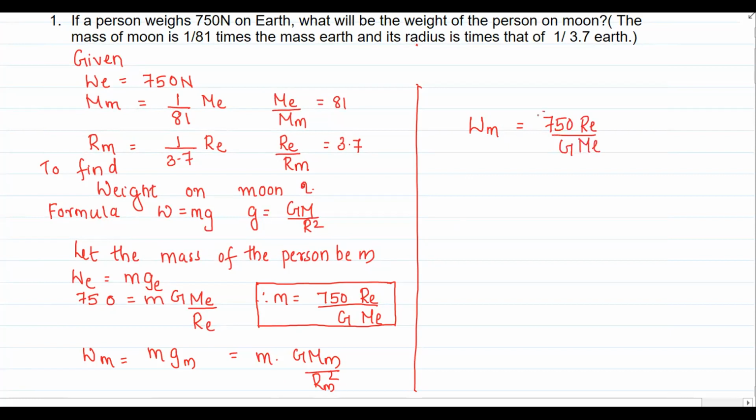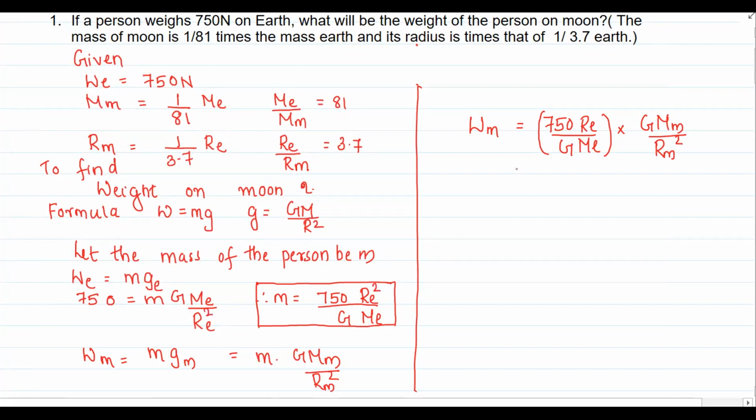This is the value of small m into GMm upon Rm square. But Mm we know it is 1 upon 81 times ME and Rm is 1 upon 3.7 times RE. GM upon R square. Sorry, here square is it.